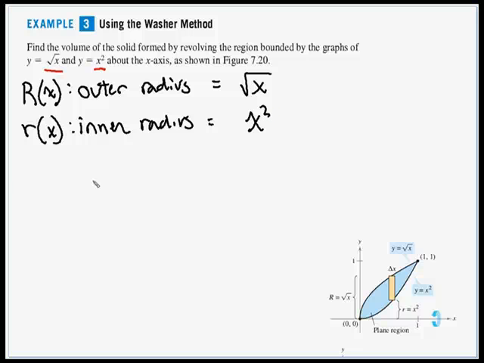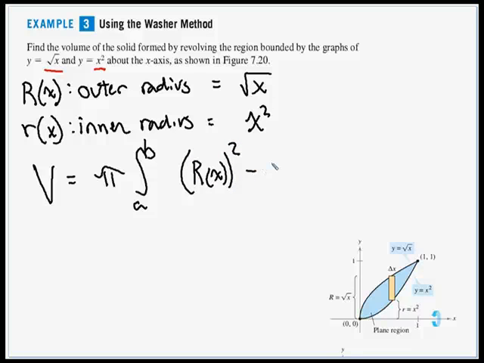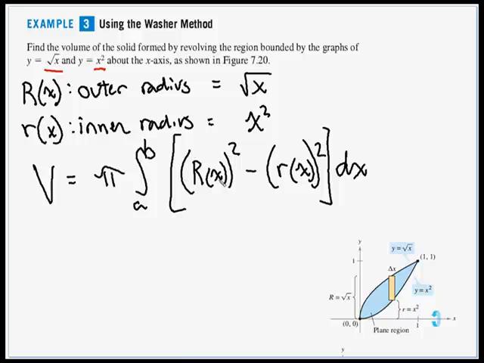So this new formula here for the washer method is volume equals pi, we integrate from a to b, and then we have capital R of x squared minus lowercase r of x squared dx. And I guess I could have brackets around there for that dx. So outer radius squared minus inner radius squared, that definite integral from a to b, and we multiply by pi.